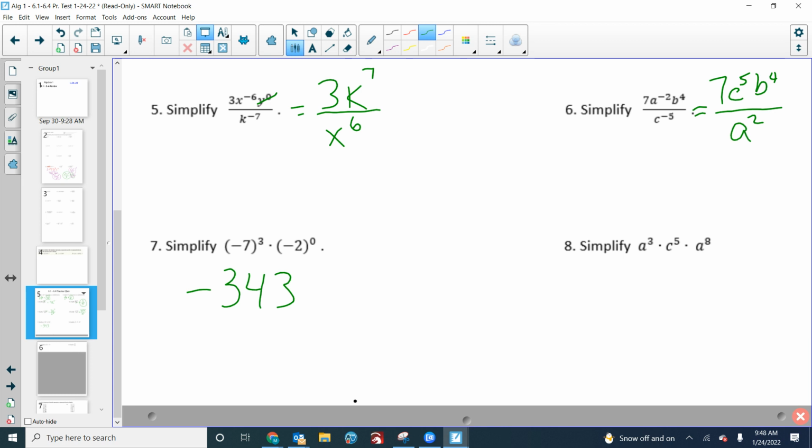What happens to this? Goes away. -343 times 1 is just this, right? Just cross it out. Guys, put it in parentheses, but it doesn't matter because it's an odd power, you're going to get negative anyway, whether you put parentheses or not. So if you didn't put parentheses in your calculator, you're lucky you got the right answer. If that would have been a positive or an even exponent, it would have given a negative answer and you'd have been wrong. Okay? All right.